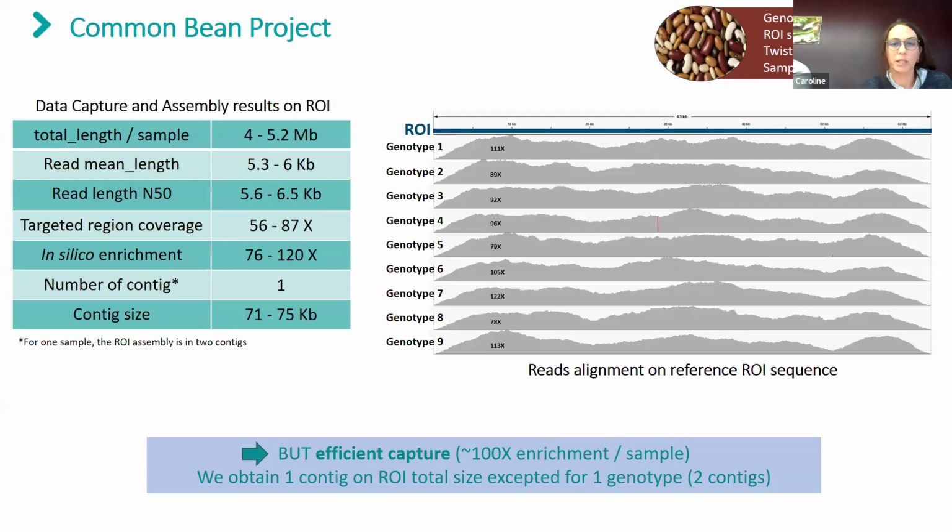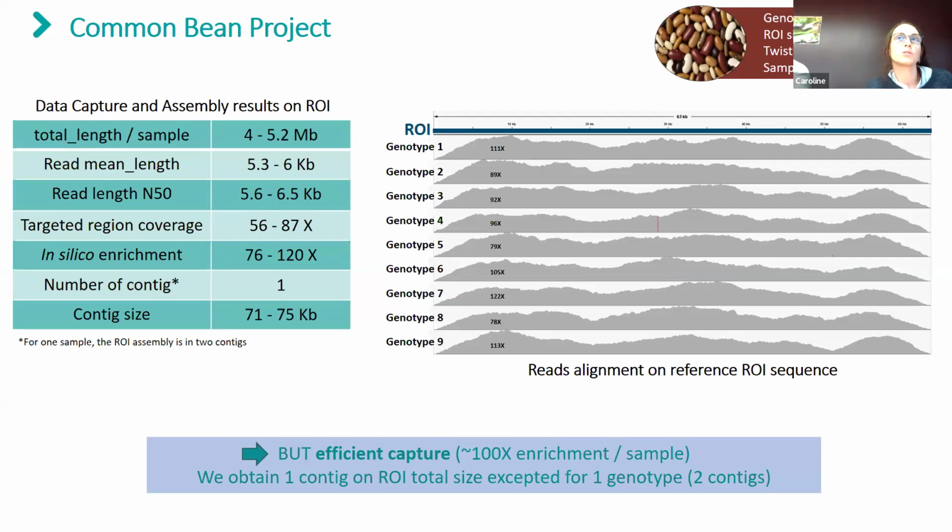If we have a look on the right, you can see the alignment of the reads of each genotype against the region of interest. And you can see that coverage is both high and uniform across all the samples.